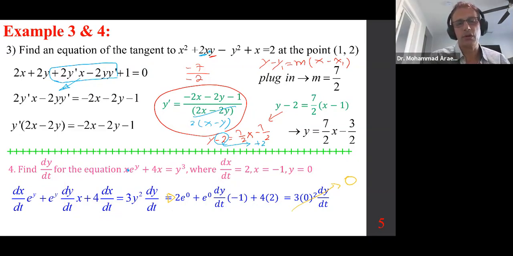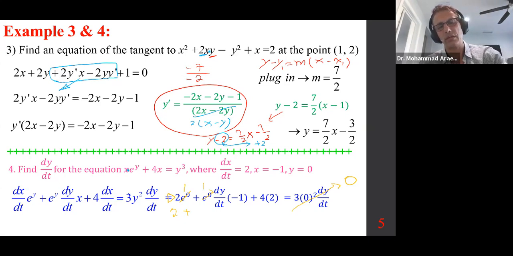e to the power of 0, I hope you know it's 1. Okay. So what you have here is a 2 plus, now e to the power of 0 is 1. 1 times dy/dt times -1.